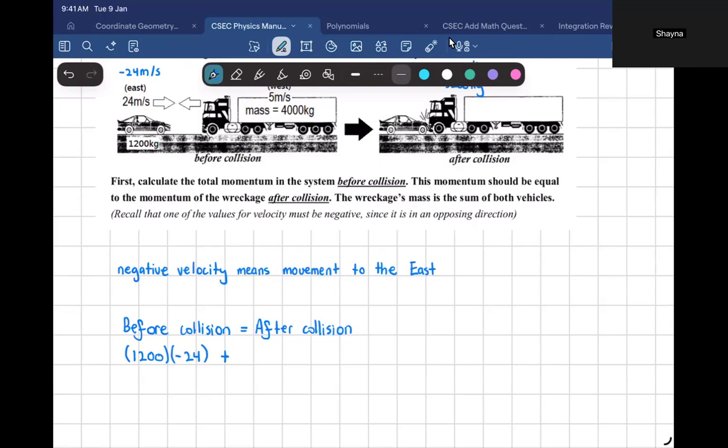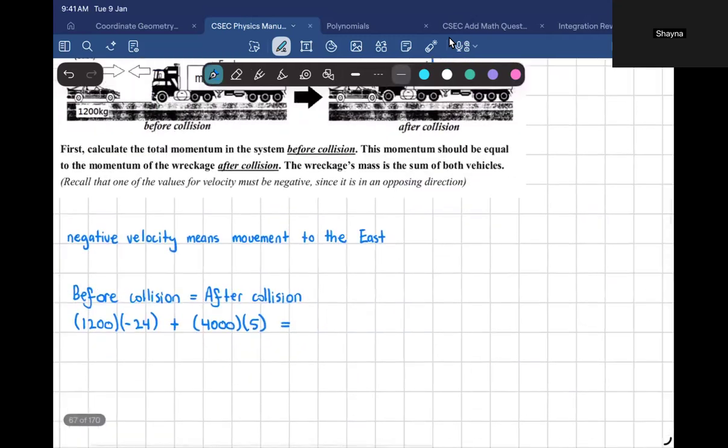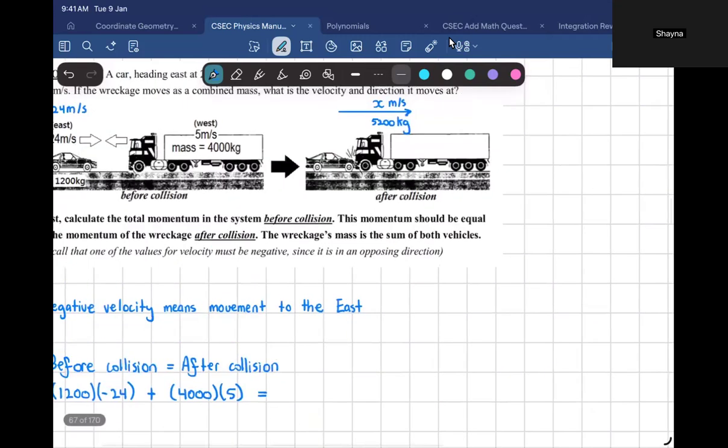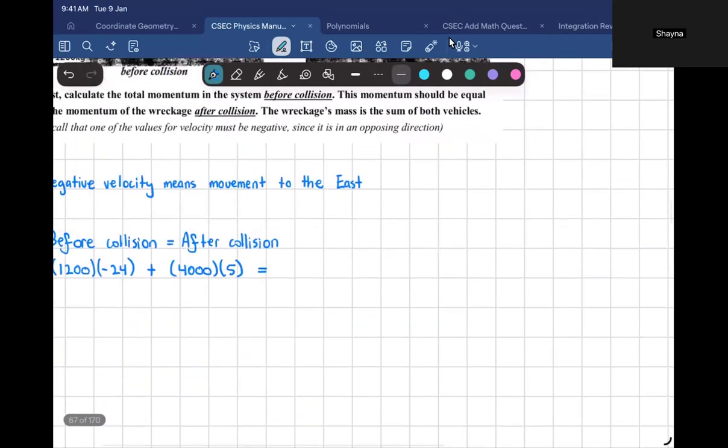What's the momentum of the truck? 4,000 kg times 5 meters per second. Right. And that's supposed to be equal to, we said it would have a mass of 5,200 because it's moving as one body and it has an unknown velocity. So I would say 5,200 by x. Let me know if you're okay with that. Yes, sir.